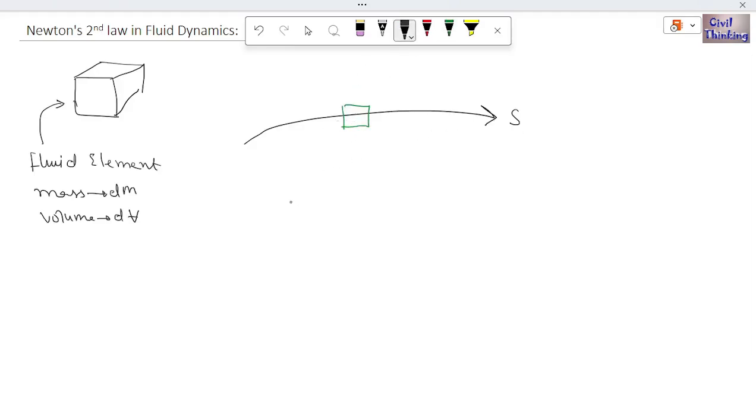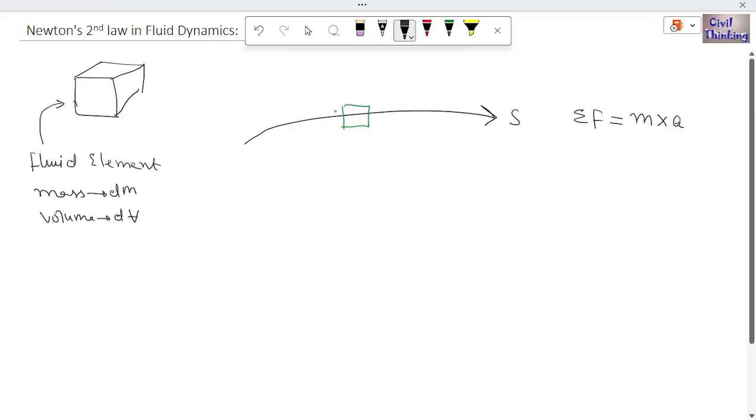Now according to Newton's second law, the net force, the total force acting on any body, is equal to the mass of that body times the acceleration of that body. So in the general way I can represent Newton's second law as summation of forces is mass m times the acceleration a.